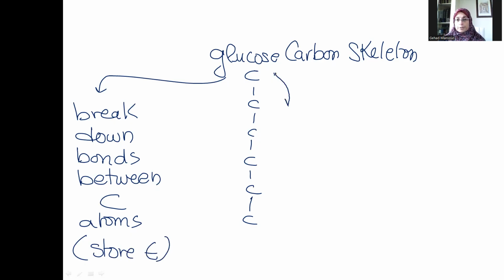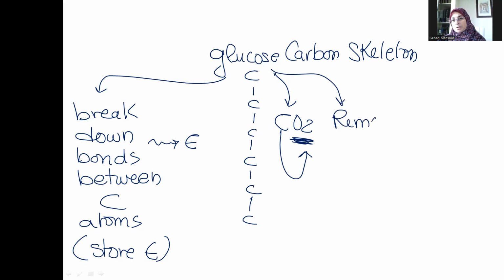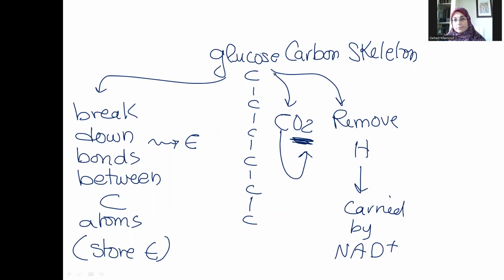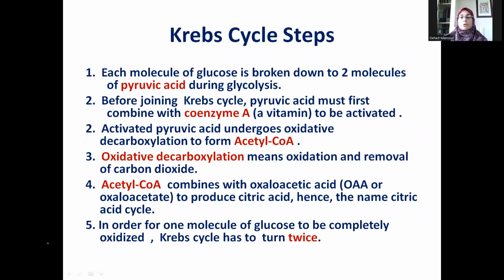Number 2, some energy will be released, and you form carbon dioxide. So this is oxidation. You oxidize carbon into carbon dioxide. Number 3, you remove hydrogen, and that hydrogen is carried by hydrogen carriers like NAD. And then finally, the energy will be stored in the form of ATP. So this is actually what happens to glucose.